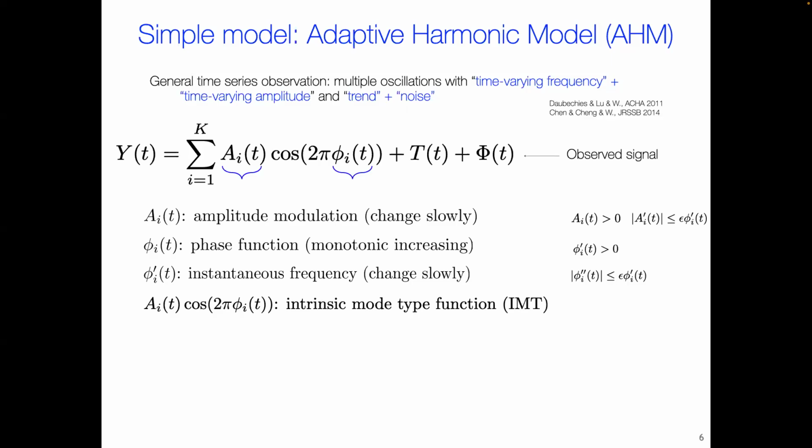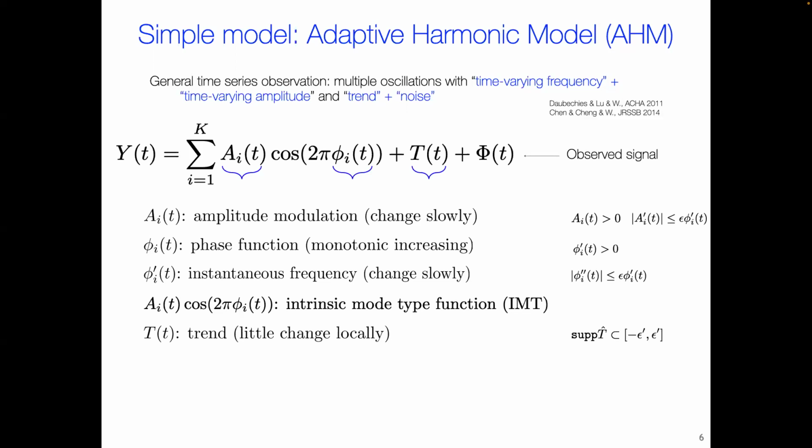Then this is a harmonic function, which you can easily analyze using the Fourier transform. But right now, I tell you that it is not so. The amplitude and the frequency are both changing. Then how do we do the analysis? That will be the challenge.